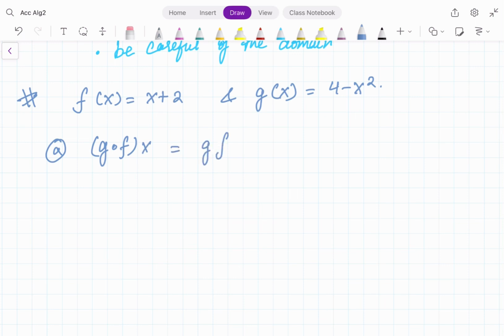So how to read? g composed with f. g is the outside function and f of x is the inside function. This is your inside function f of x, which will become your new x. So this is equal to g, and instead of f of x I will replace it with x plus 2, because this is my inner function.